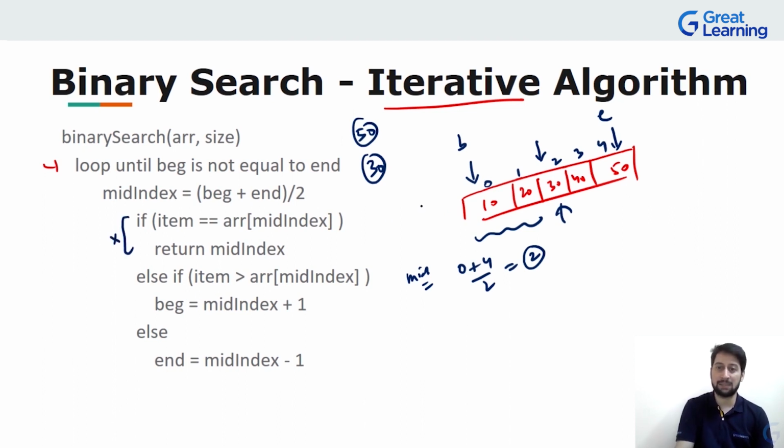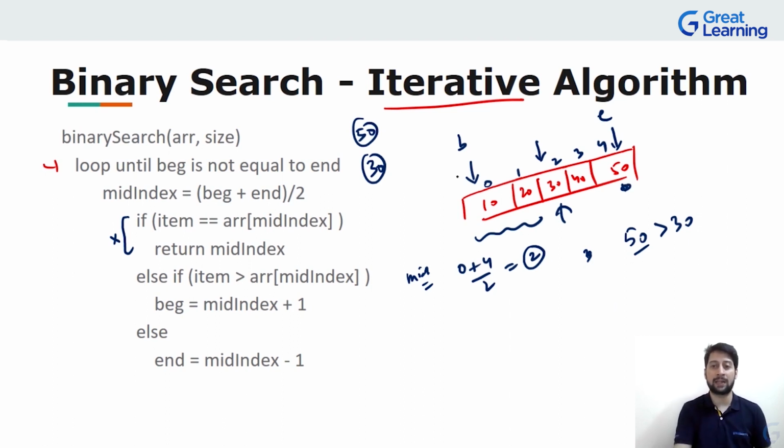Then we will check, is my item less than or greater than 30? The item that we are looking for, 50, is greater than 30.